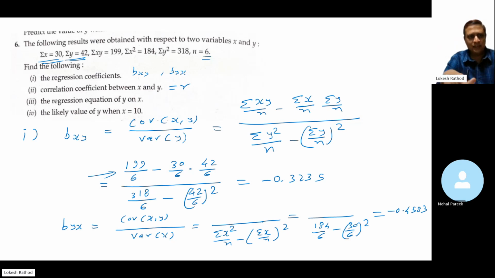So here I think their answer is wrong. You can recheck the calculation to see if you are getting the same thing. And if this answer is wrong, we need not check the others because they might have done them based on these values.